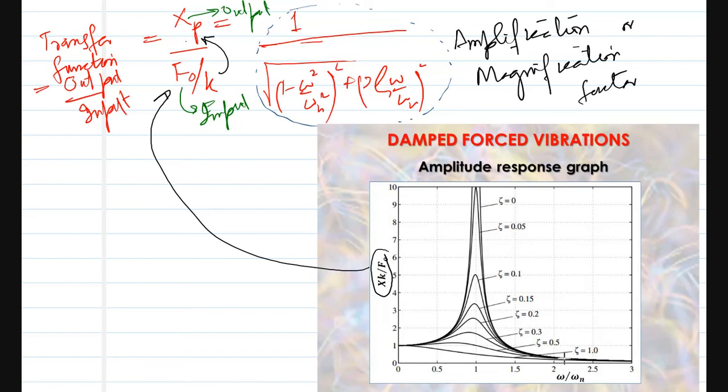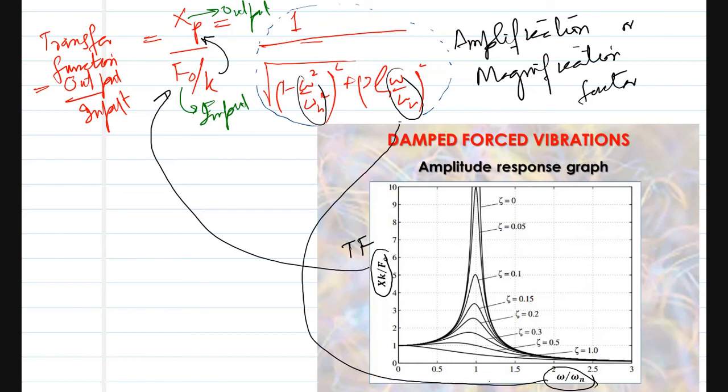On the y-axis is xk over f naught, which is the transfer function, and on the x-axis we have the frequency ratio, which is written here. When you draw it for different values of zeta, if you know for free vibration, the system can be underdamped, critically damped, and overdamped. This is still the case for forced vibration. In forced vibration, the system can be underdamped, critically damped, or overdamped.